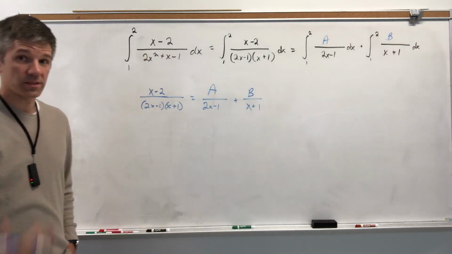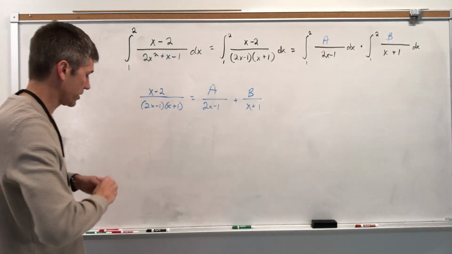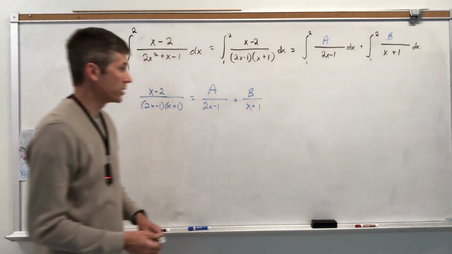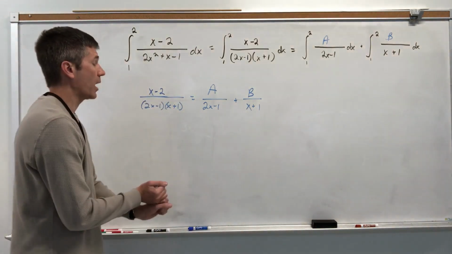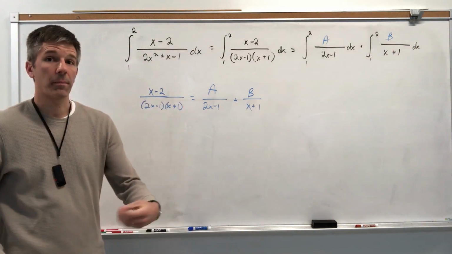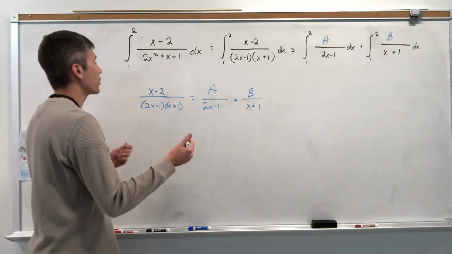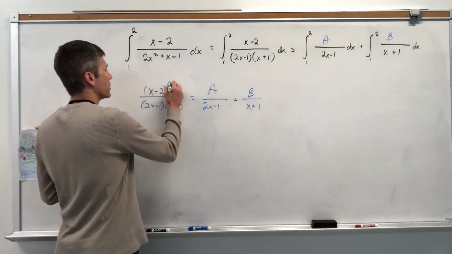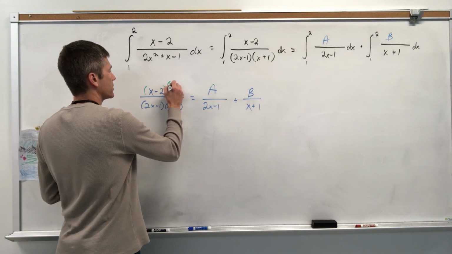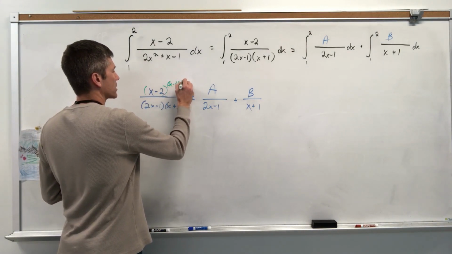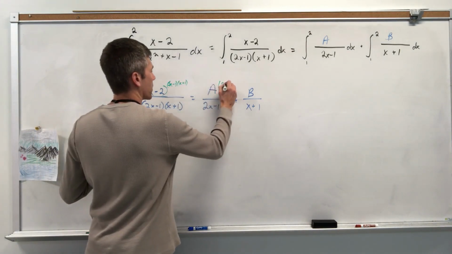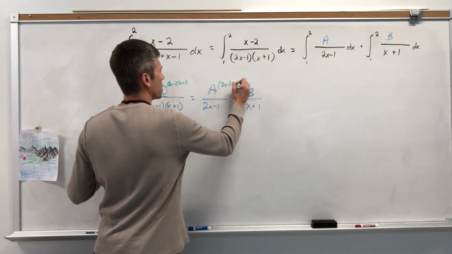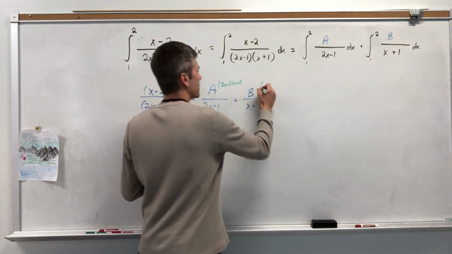Then in order to solve this, good old-fashioned Algebra 2 style, I'm going to show the process. I would multiply every term by the least common denominator, which means this gets multiplied by 2x minus 1, x plus 1. This gets multiplied by 2x minus 1, x plus 1. You've seen it.